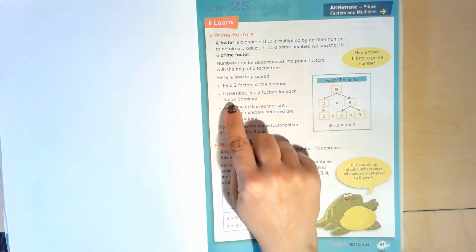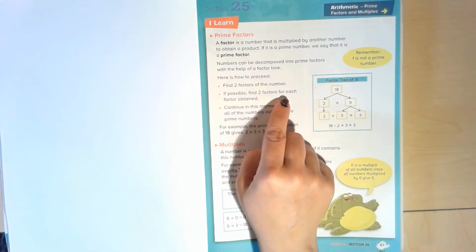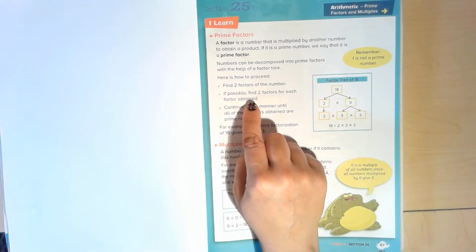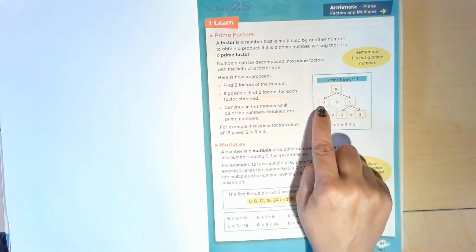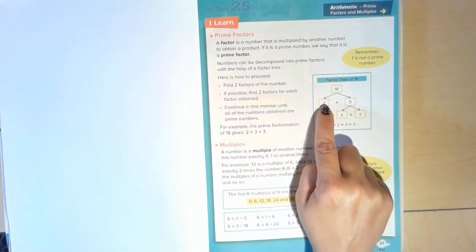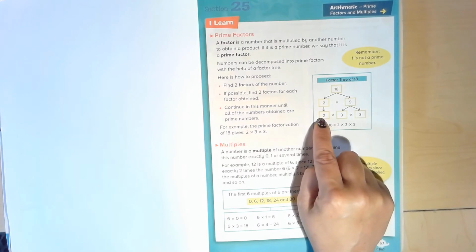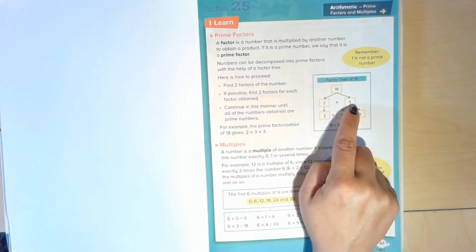It says, if possible, find 2 factors for each factor obtained. So, can we find 2 factors for the number 2? No, because it is a prime factor. So we leave 2 alone. Then we look at 9. Is it possible to find 2 factors for the number 9?